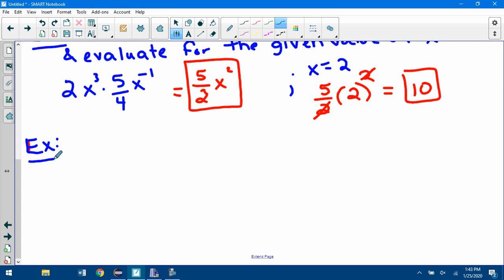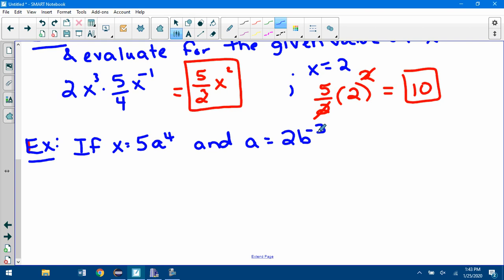Last example. If x equals 5a to the fourth, and a equals 2b to the negative third, express x in terms of b using only positive exponents.